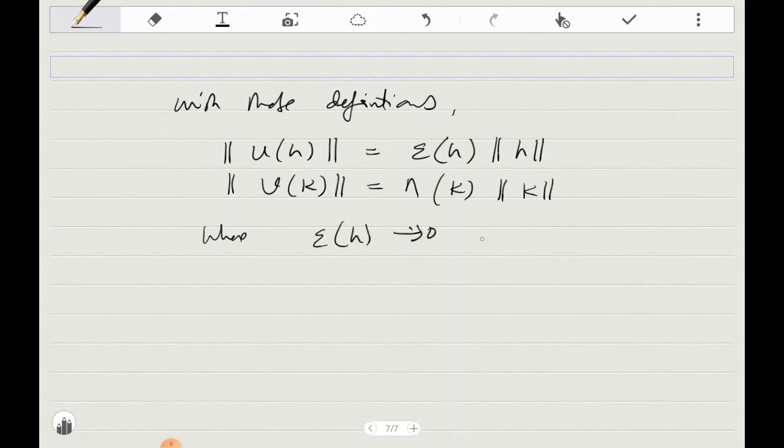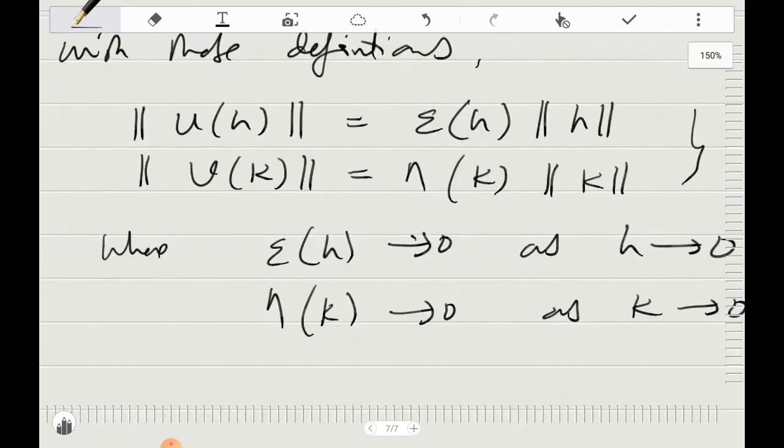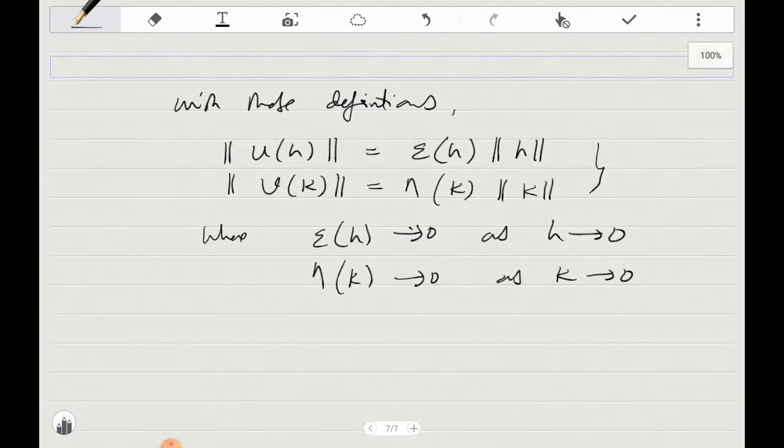If these two equations are confusing, just keep in mind that we are defining epsilon of h and eta of k by these two equations. In other words, epsilon of h is norm u of h by norm h, and eta of k is norm v of k by norm k. The main point is that these two go to 0 as h and k go to 0.